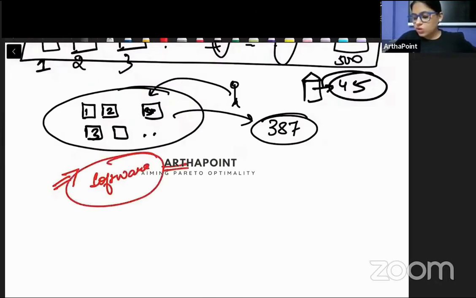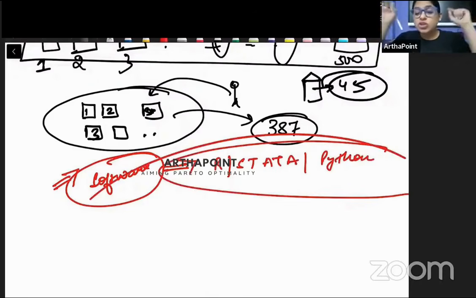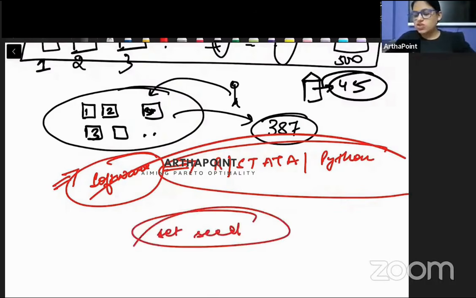So when you use software like R, Stata, Python, जब आप ऐसे softwares use करते हो, you ensure that you are doing random sampling. हाँ, R में एक option होता है which is called set seed, which helps you collect a random sample. ऐसे ही Stata में, Python में भी होता है which helps you to collect a random sample. So you can work with random sampling.